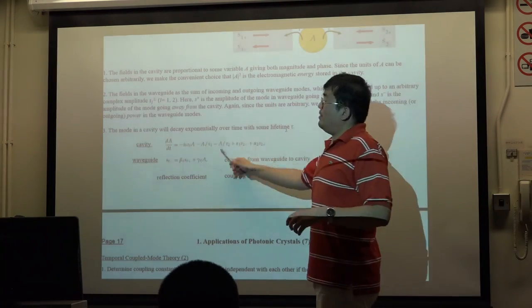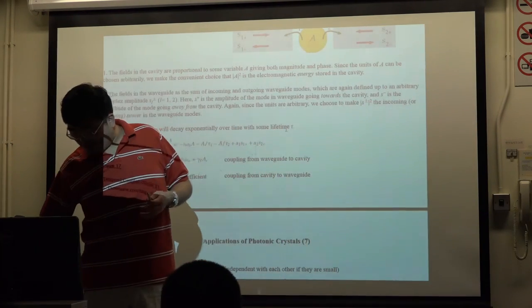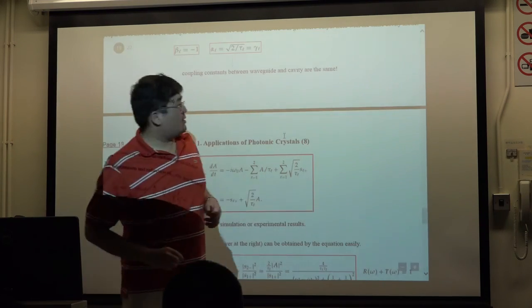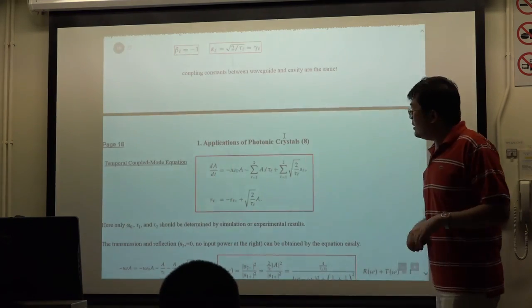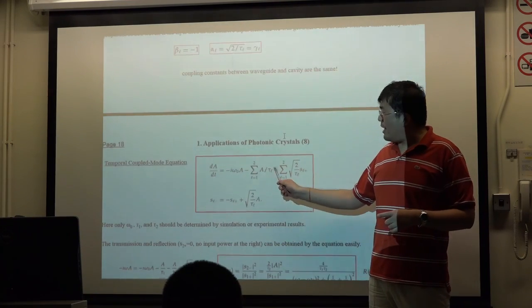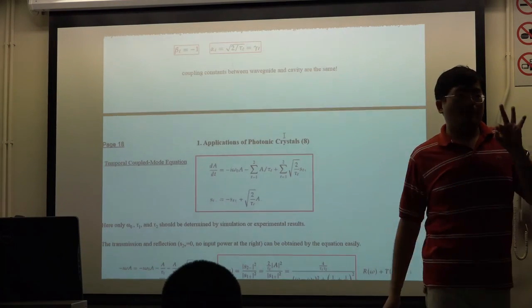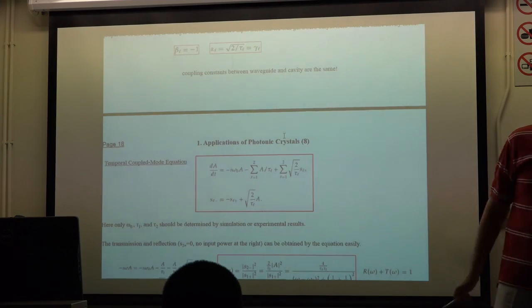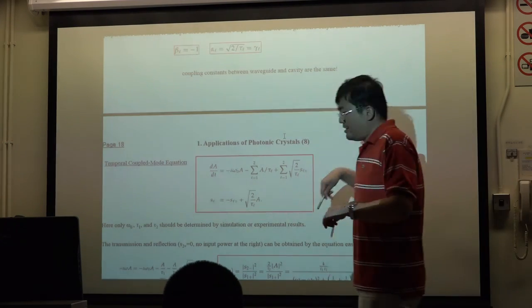This is the original one, but finally you do some simplification. I just show this figure. This is the final one. You can see it only has omega 0, the resonance frequency, tau 1 and tau 2. Only three, because they are connected with each other somehow. I will show this in the next lecture.